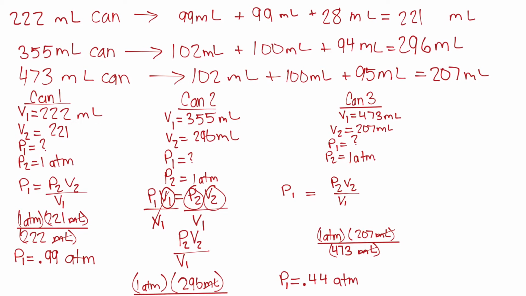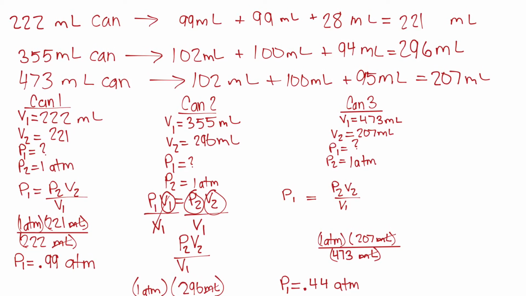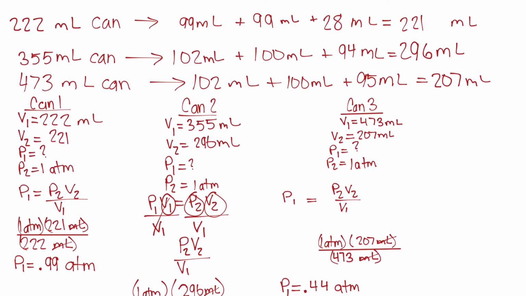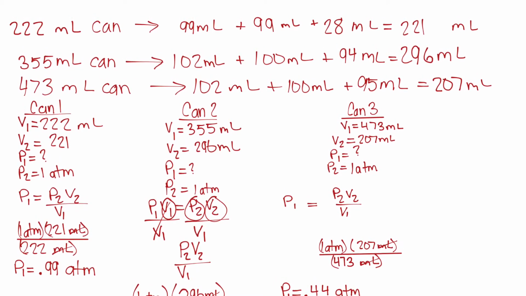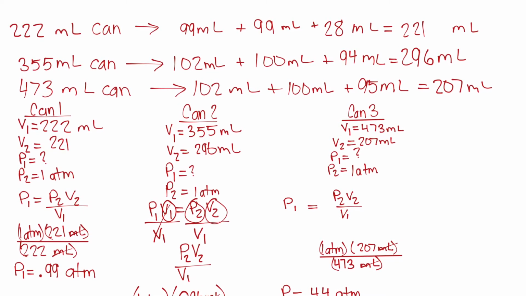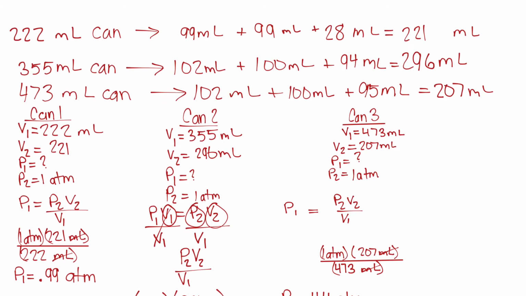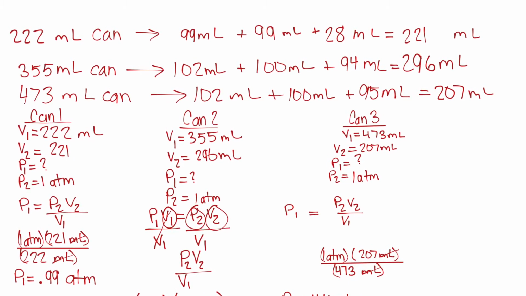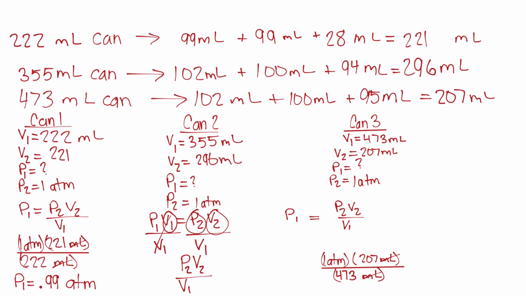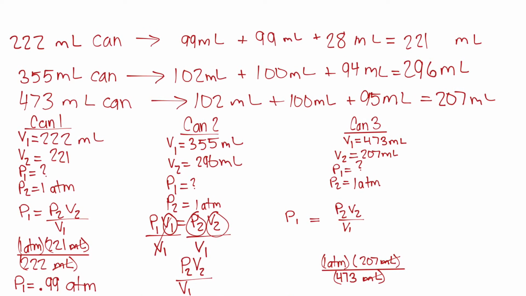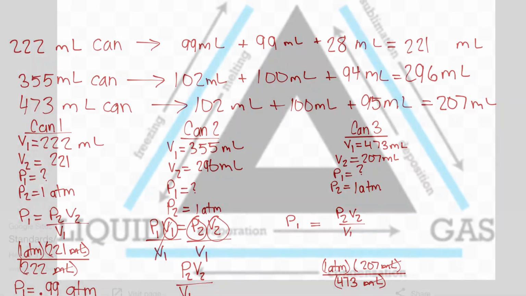And after I did that, I did some calculations with the formula itself, and I got P1 equals P2 times V2 divided by V1, and I did that to all three cans. Can 1 is the smallest, can 3 is the largest. So for can 1, P1 equaled 0.99 atmosphere, can 2 equals 0.83 atmosphere, and can 3 equals 0.44 atmosphere.